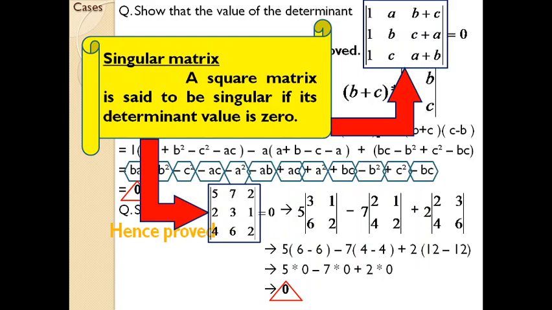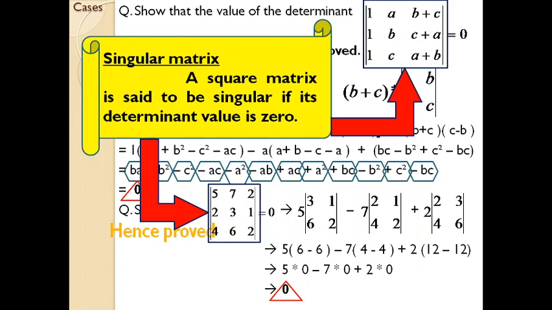The concept is, even though the computation is different and the presentation is different, the basic concept of matrix and determinants remains the same, because in both cases a series of numbers are represented in a particular form, arranged in a certain order of rows as well as columns.